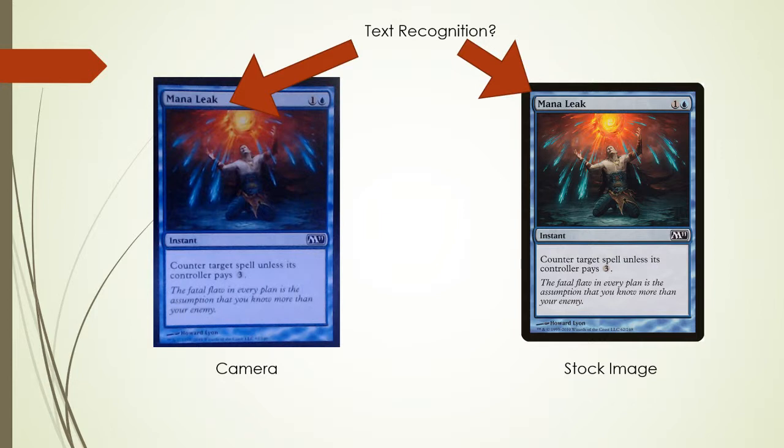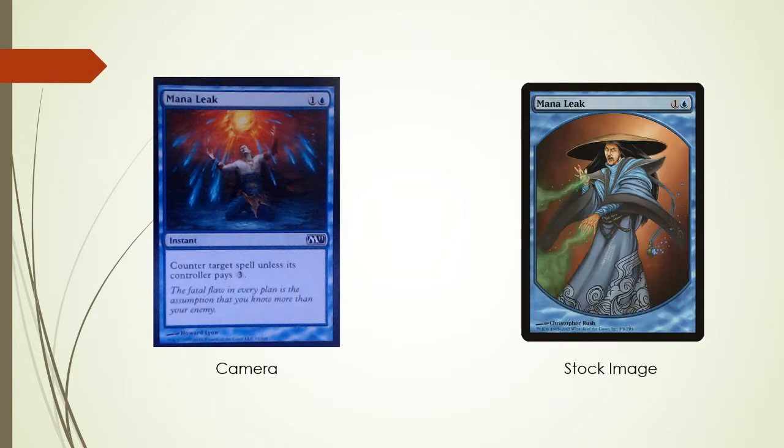Unfortunately, I am unable to do that as there are cards with the same name that have different art. For example, this one right here, which is very different from the one on the left. While functionally the same, I need to be able to tell between different editions of the same card.